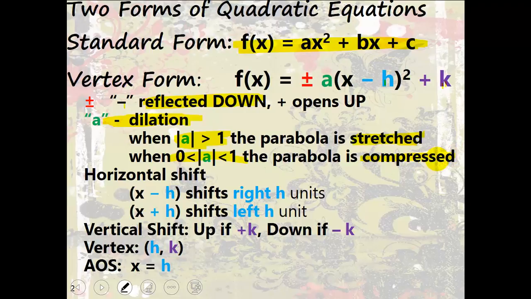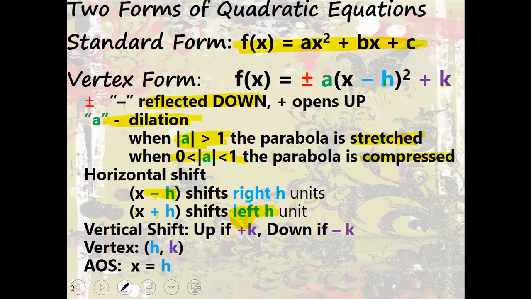Our horizontal shift comes from looking at that piece that's getting squared, x minus h. That's going to shift our parabola right h units. Remember, it shifts in the opposite direction inside the squared term. If we have x plus h inside the squared term, then it's going to shift left.